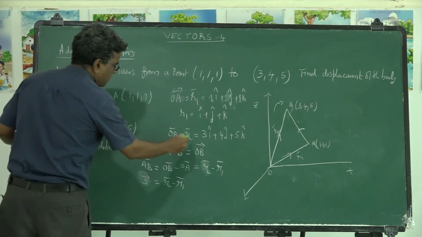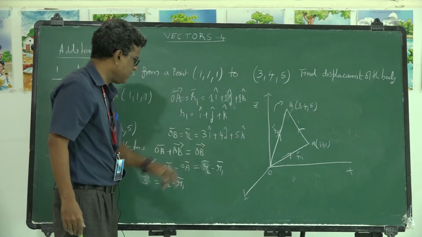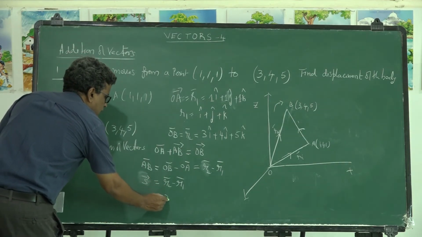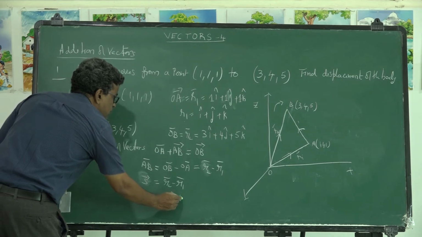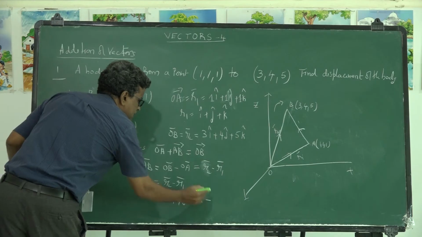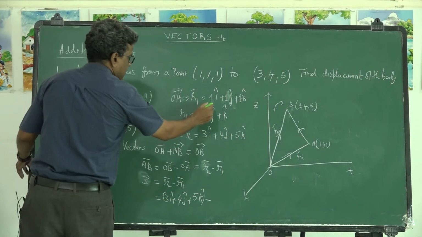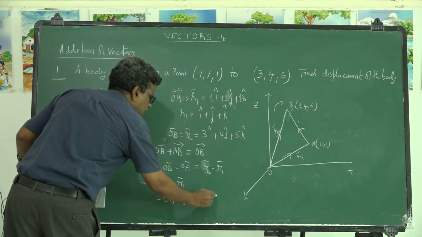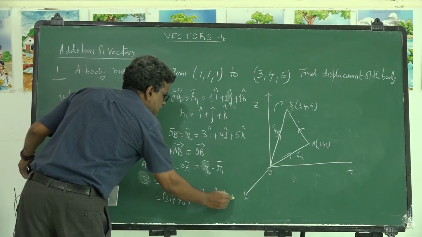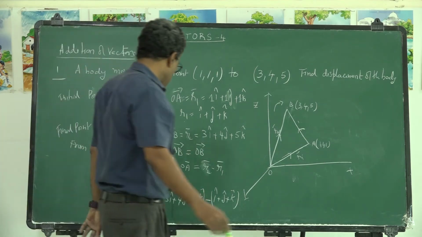So what is R2? 3 i cap plus 4 j cap plus 5 k cap. So this is R2 bar, 3 i cap plus 4 j cap plus 5 k cap, minus the first one, R1 bar, in brackets i cap plus j cap plus k cap. What will you get?